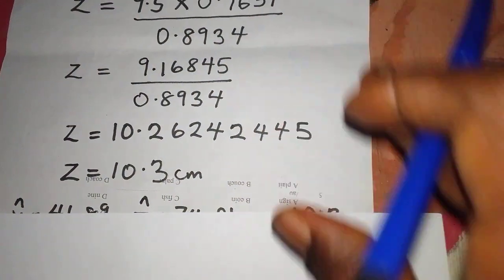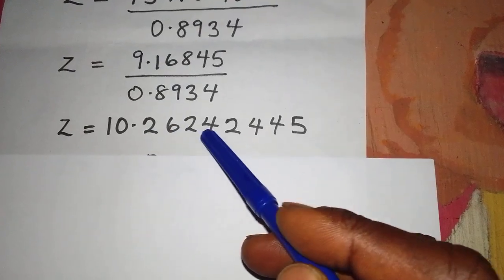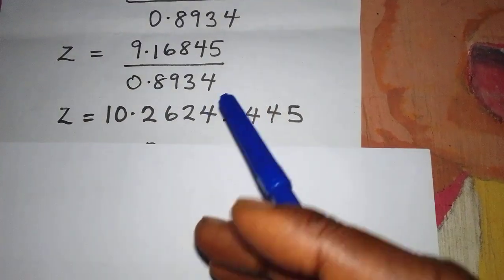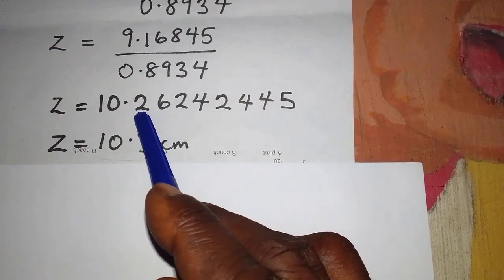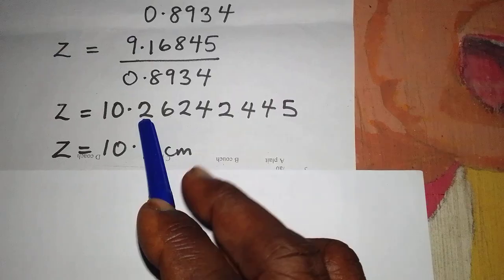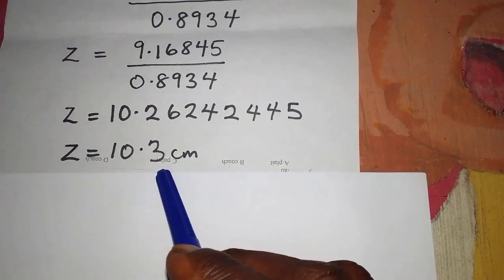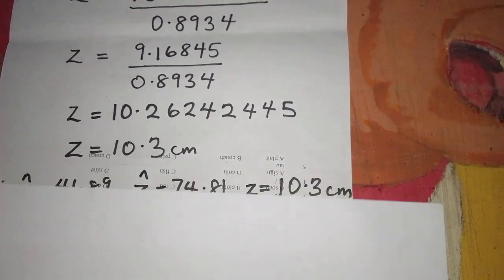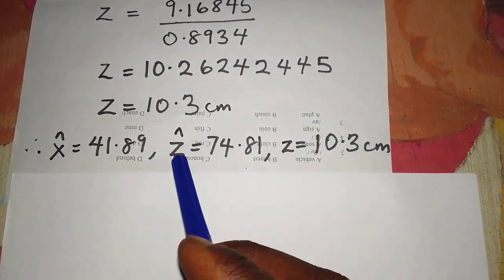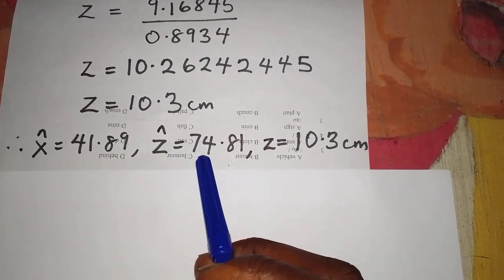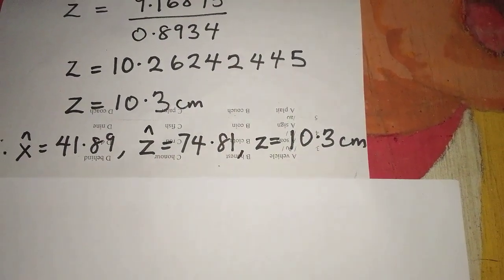When you divide, you get 10.262424445. To one decimal place, it will give you 10.3, because the next number is more than 5, so you add 1 to this, making it 10.3 centimeters. So your angle X is 41.89, angle Z is 74.81, and the side Z is 10.3 centimeters.